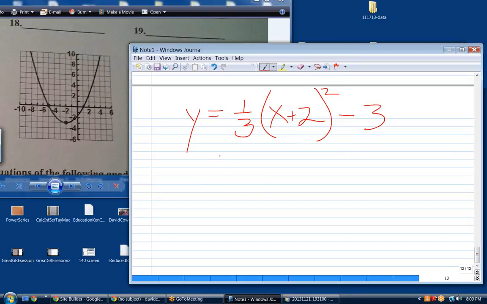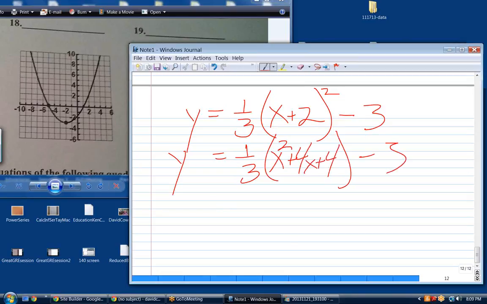And then distribute or expand. x squared plus 4x plus 4 minus 3. And now distribute.